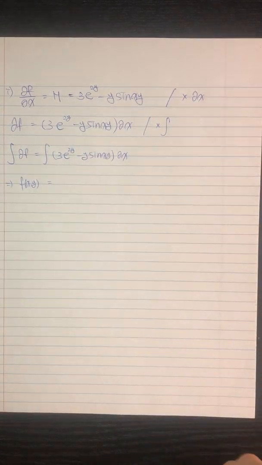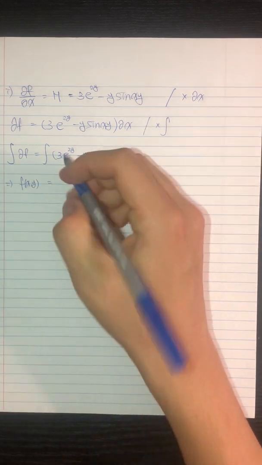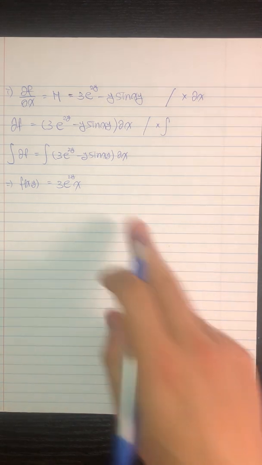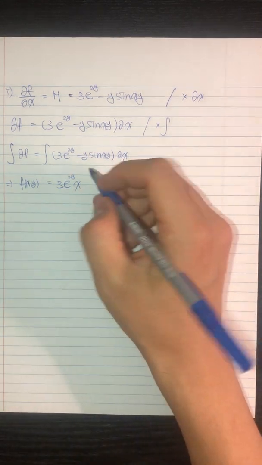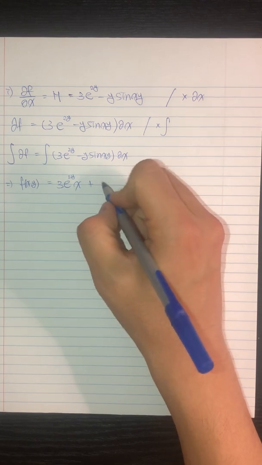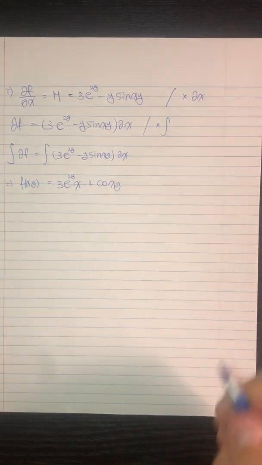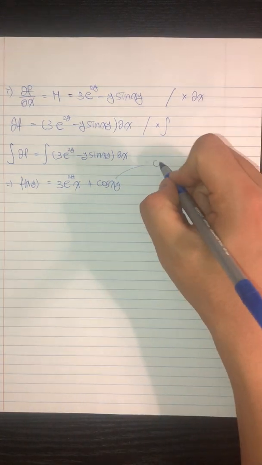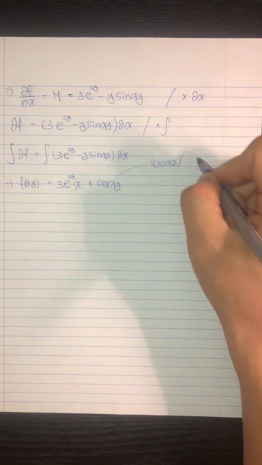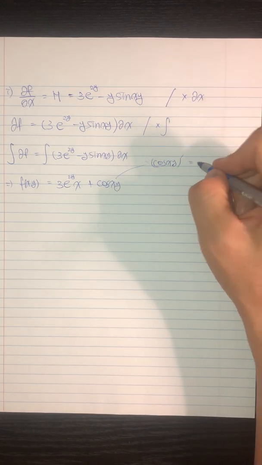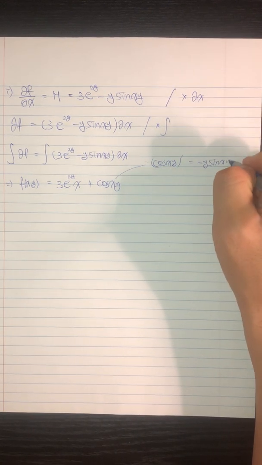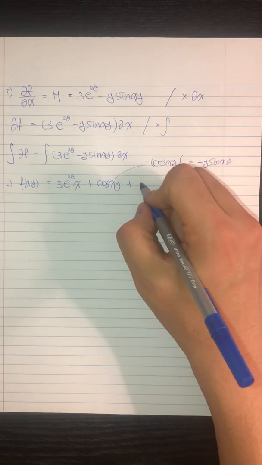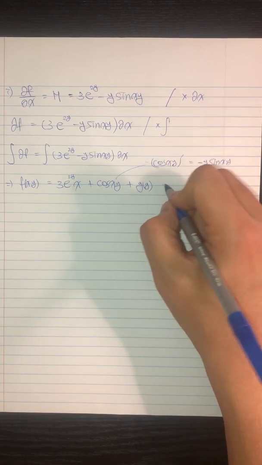So we can get f(x,y) equal to, integrating with respect to x, 3e^y x. And this term is plus cos(xy). We can check: the derivative of cos(xy) with respect to x is minus y sin(xy), exactly the same. And then plus g(y), equal to c1.